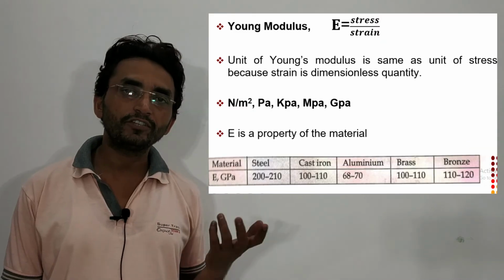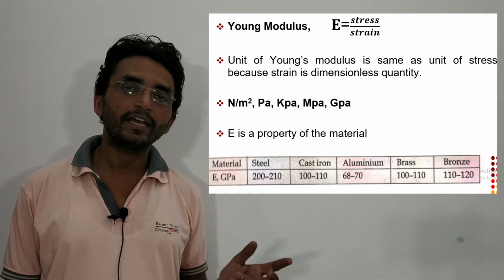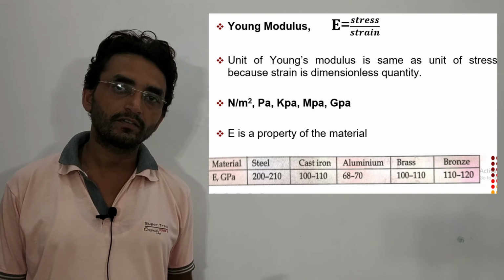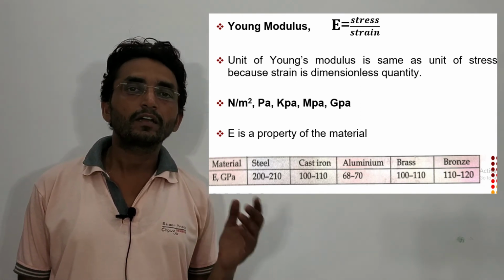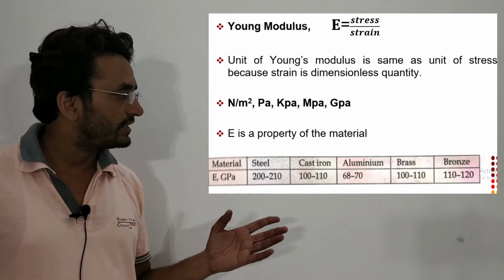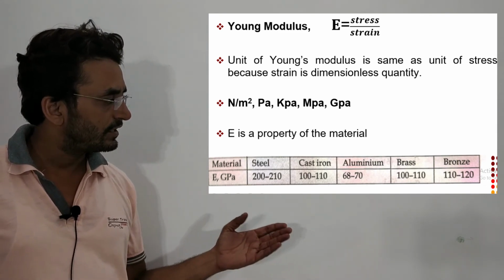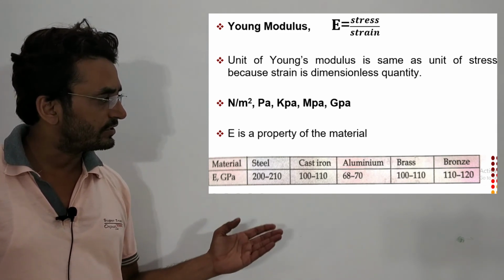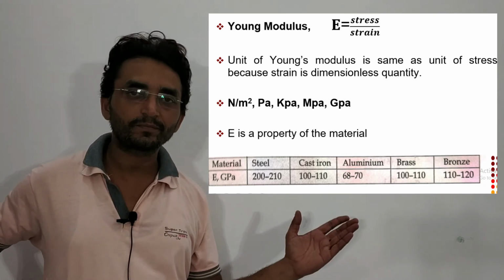The unit of Young's modulus or modulus of elasticity is the same as the unit of stress, like Newton per mm square, Newton per meter square, kilopascal, megapascal, gigapascal. In this slide we can see the value of Young's modulus for different materials like cast iron, aluminium, steel and iron. Just check this out.